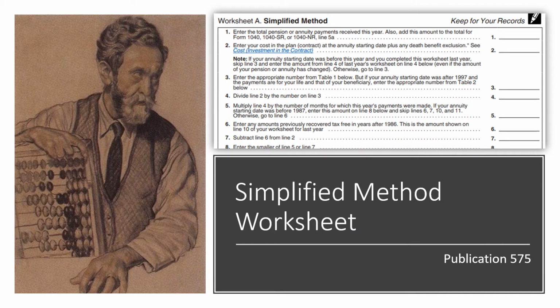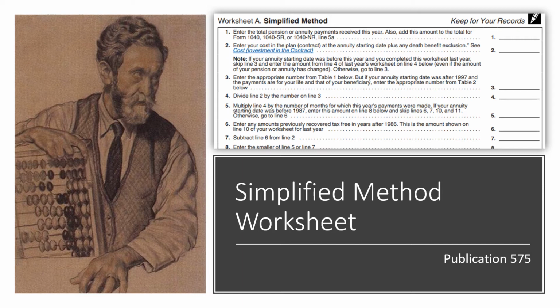And the IRS kindly made us a worksheet to help us figure out the simplified method. It's called the Simplified Method Worksheet, and you can find that in Publication 575. If we're entering the right things into TaxSlayer, it will automatically generate this worksheet for us, so we don't have to necessarily look it up.